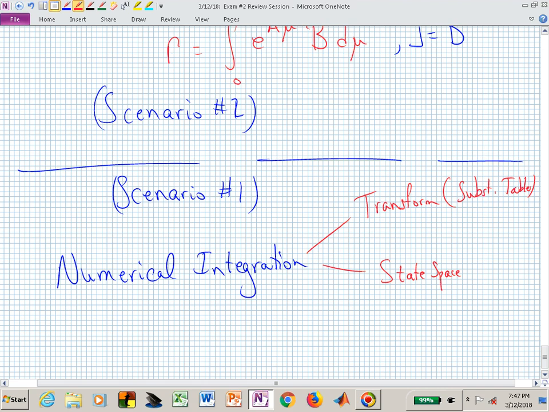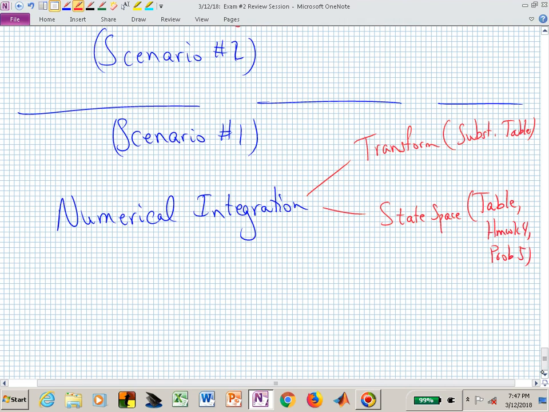That was homework number 4, problem number 5. That was one column in the table. So here's our table, and you can refer back to homework 4, problem 5. And the numerical integration had forward, backward, and trapezoid.